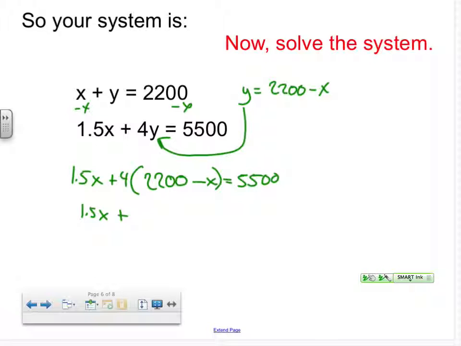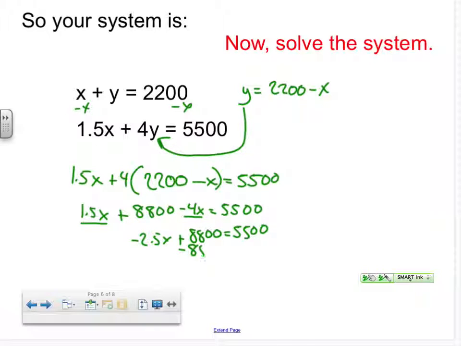1.5X plus 8,800 minus 4x equals 5,500. Combine like terms: 1.5x minus 4x is negative 2.5x, plus 8,800 equals 5,500. Subtract our 8,800 from both sides. Negative 2.5x equals negative 3,300.